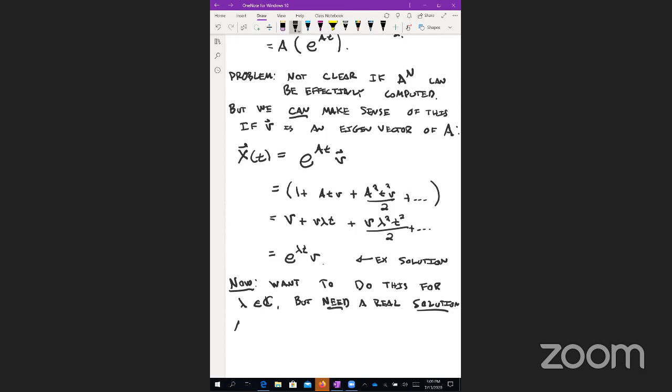And the answer is, in this Taylor series expansion, we can go through and do everything exactly as we would, is to use a complex eigenvector plus its complex conjugate.